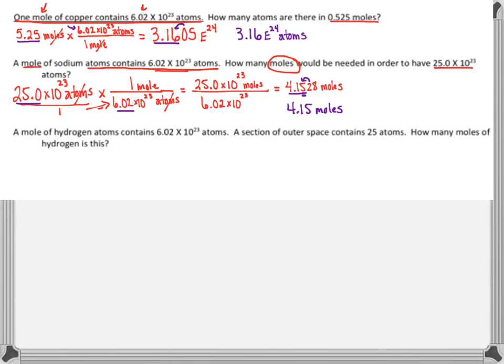All right, the next problem says a mole of hydrogen, 1 mole, contains 6.02 times 10 to the 23rd atoms. A section of outer space contains 25 atoms. How many moles of hydrogen is this? So it's very similar to the previous question. Our given is 25 atoms.